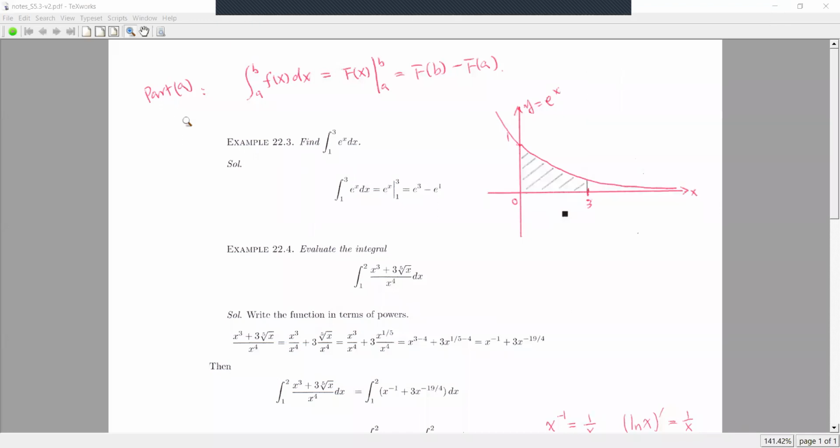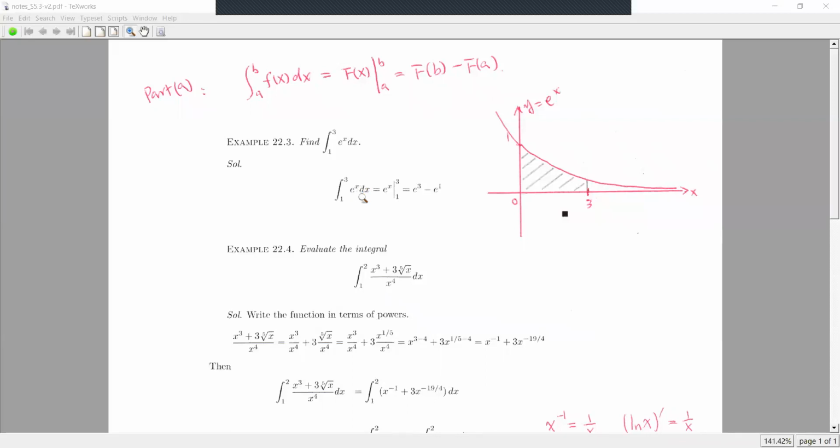Here are some examples about the fundamental theorem of calculus. Example 1. Find this integral. This integral is the net area of the shaded region here. Now, to compute this integral by part A of the fundamental theorem, we need to find one antiderivative of the function e^x.